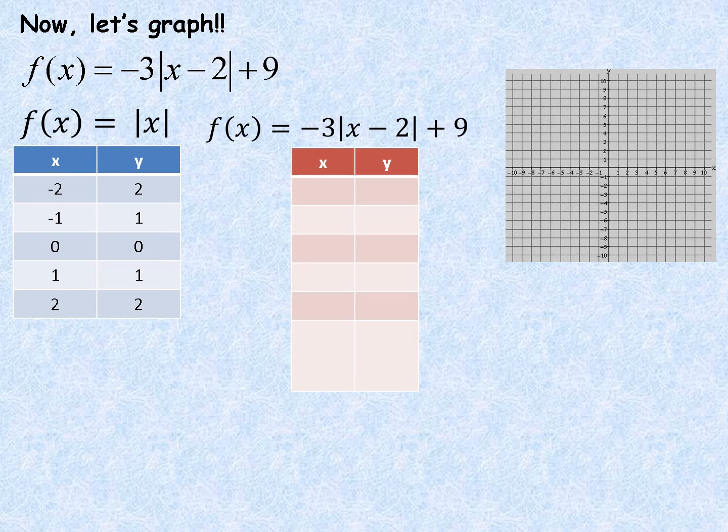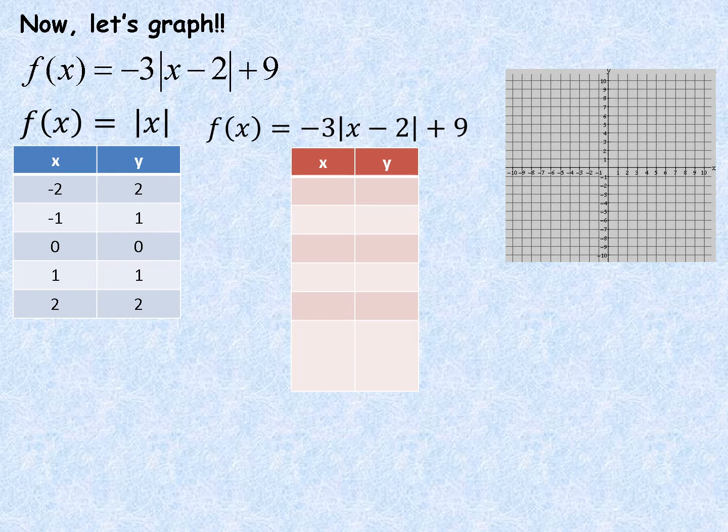So in terms of the x, only b and h affect the x values. Only b and h. Well, b's 1, so let me just ignore him. But inside, it says x minus 2. Remember, inside, it's opposite day.